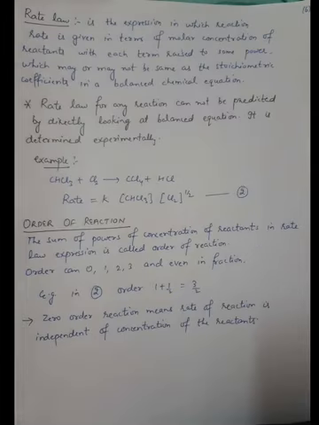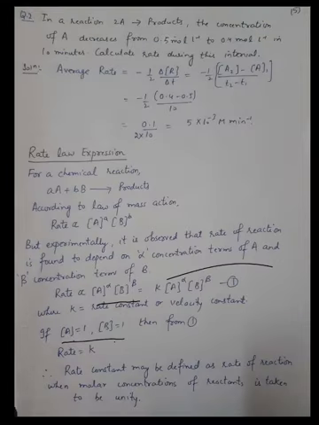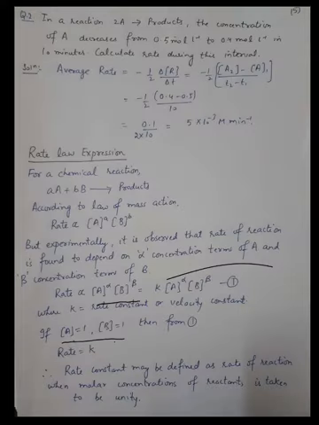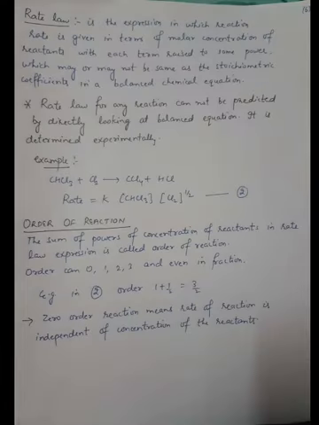Now the definition of rate law. Rate law is the expression in which the rate of reaction is given in terms of molar concentration of reactants, with each term raised to a power which may or may not be the same as the stoichiometric coefficients.